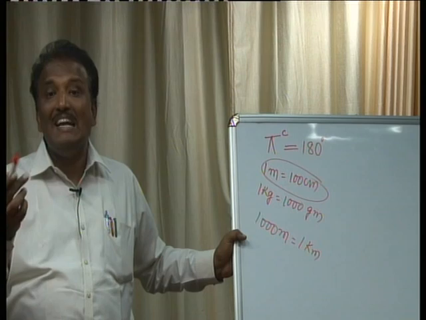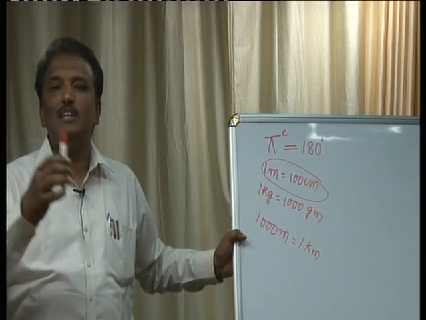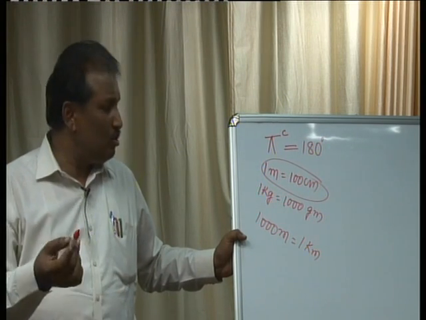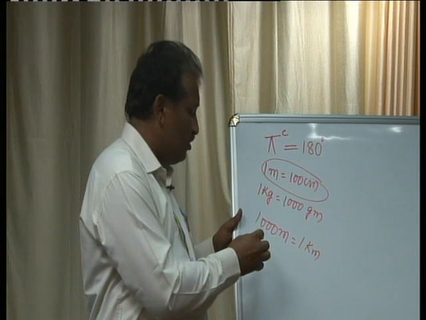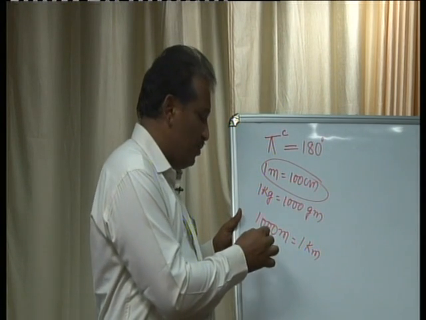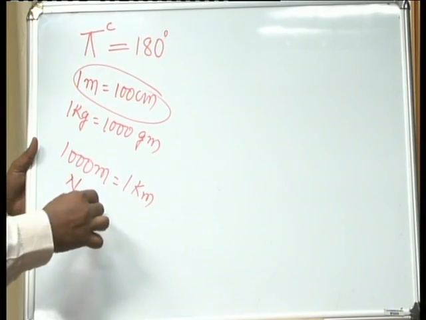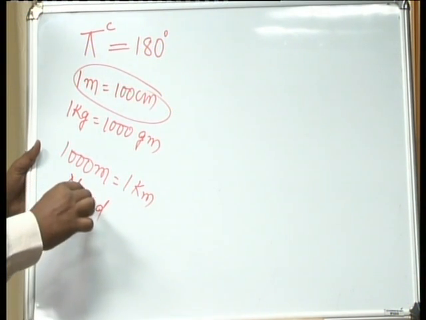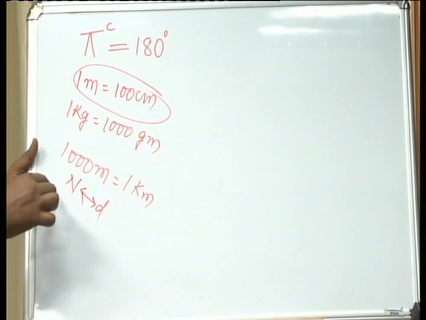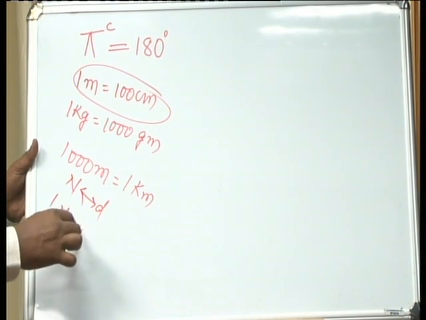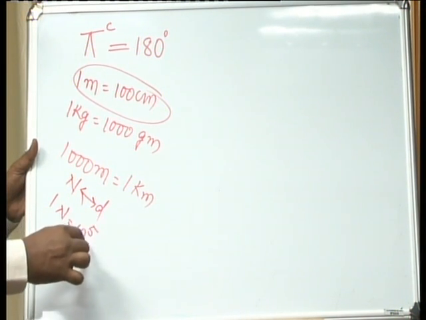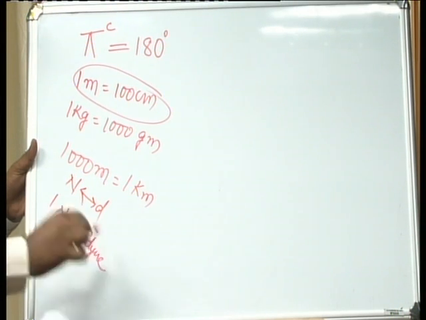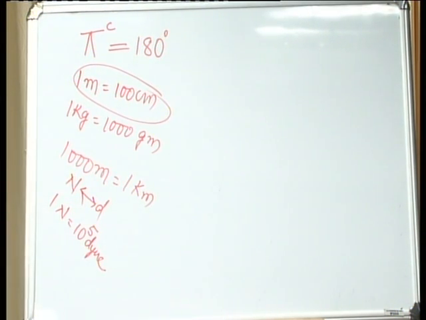You can interconvert them with respect to the situation. Newton is the SI unit of force and dyne is the CGS unit of force. You can convert the relation between these two. 1 Newton is equal to 10 to the power of 5 dyne, like this. These are all the possibilities by following the dimensional analysis.